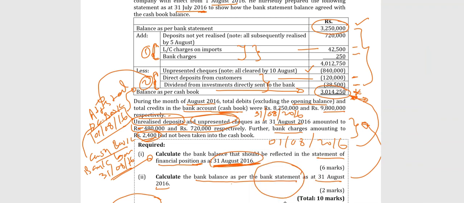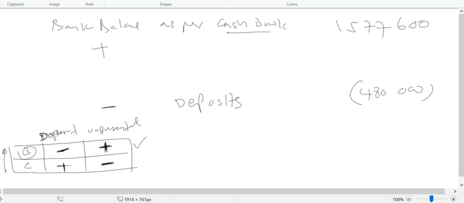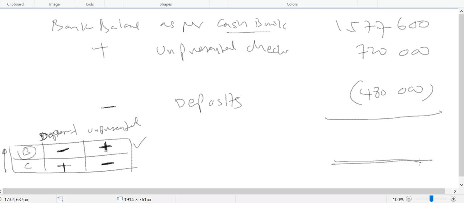and unpresented checks, 720,000 has to be added. So what should be the balance now? 720,000 minus 480,000.